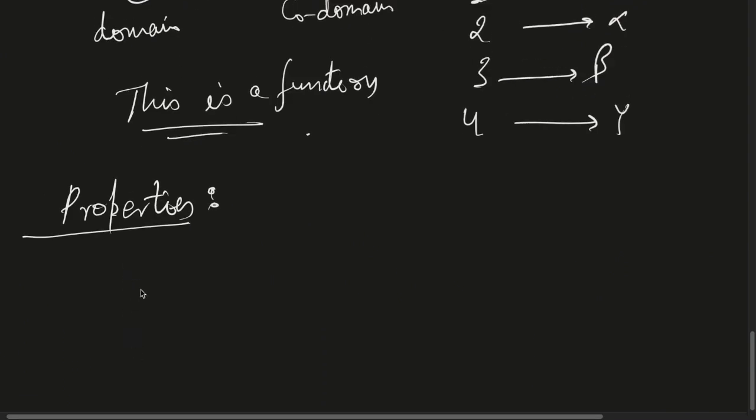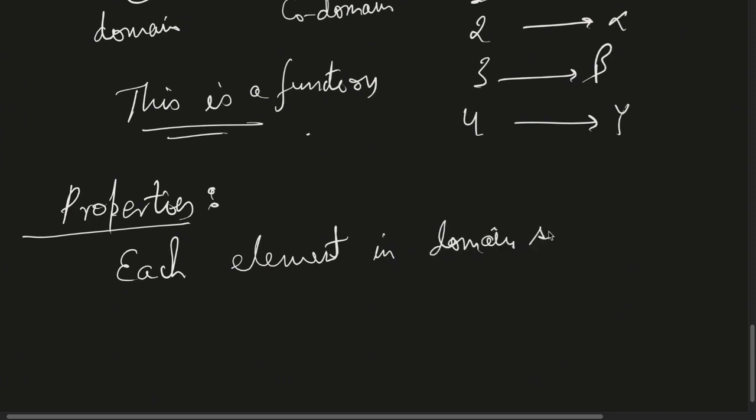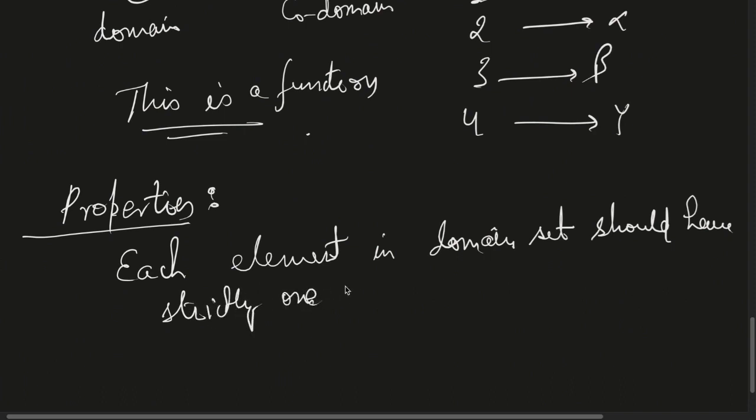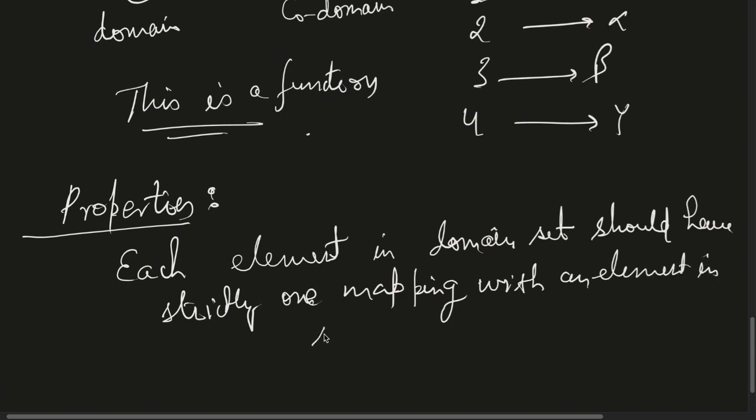So the properties are: each element in the domain set should have strictly one mapping with an element in set B, that is the codomain set.